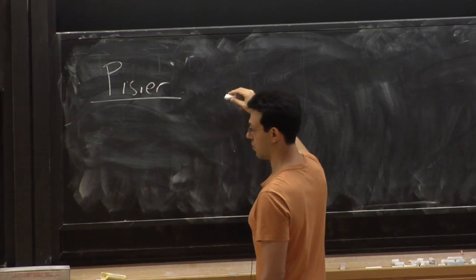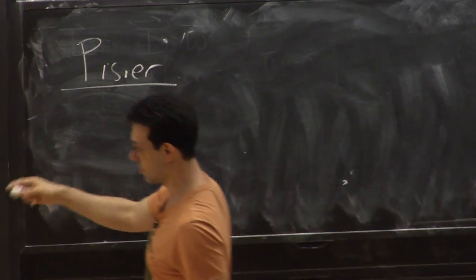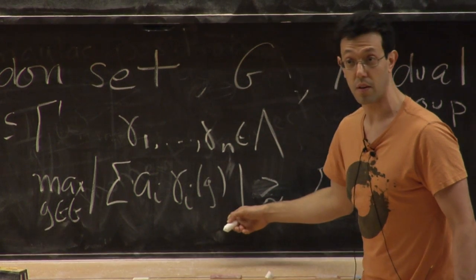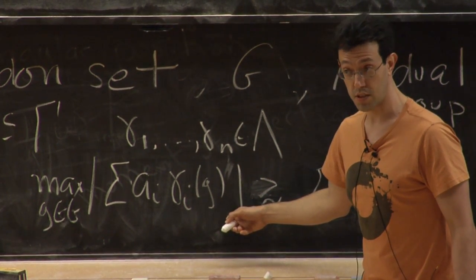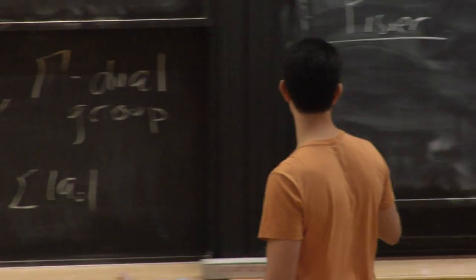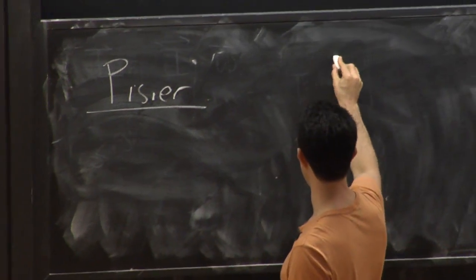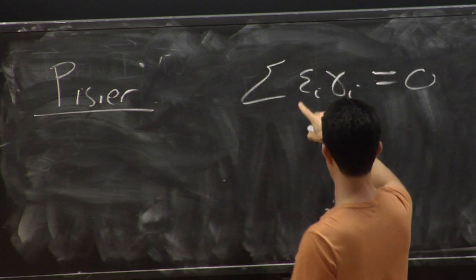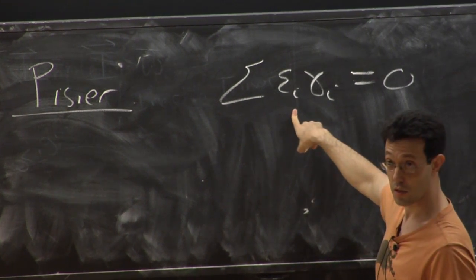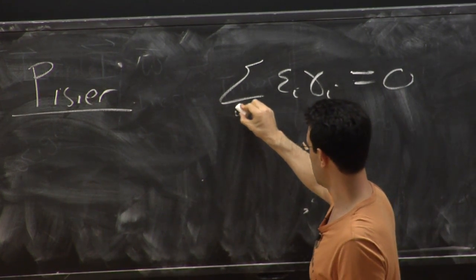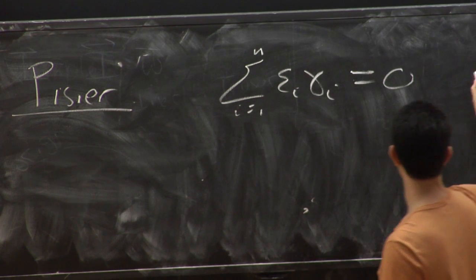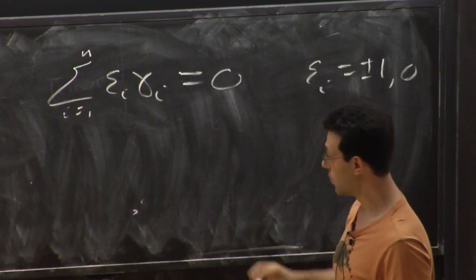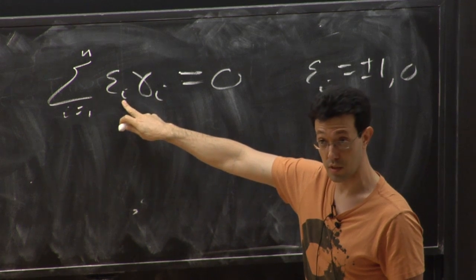An example of a classical example, I think from the beginning it was known, an example of a set of characters which satisfies this, is a set of characters which has the property that whenever you, this is an abelian group, so I use additive notation, whenever you have a linear relation like this with epsilon_i which are plus or minus 1 or 0, whenever this happens, the linear relation is trivial.